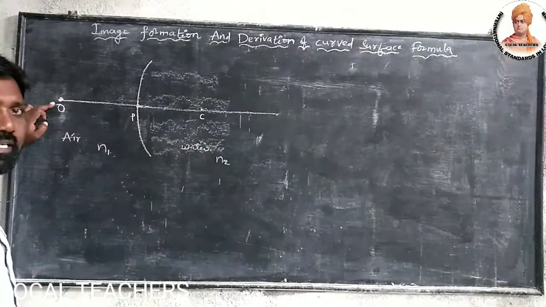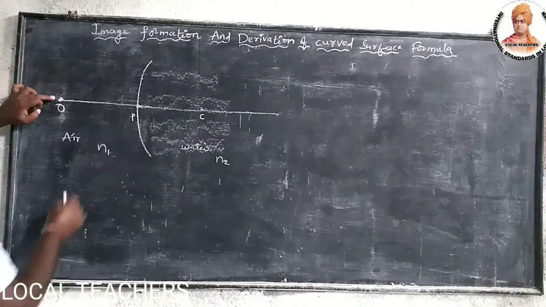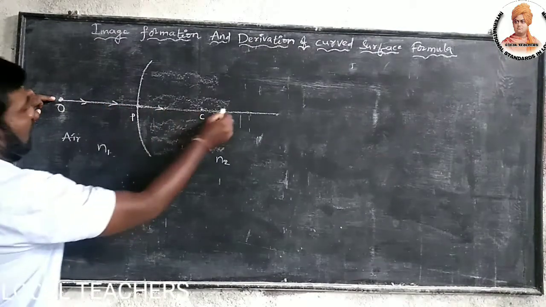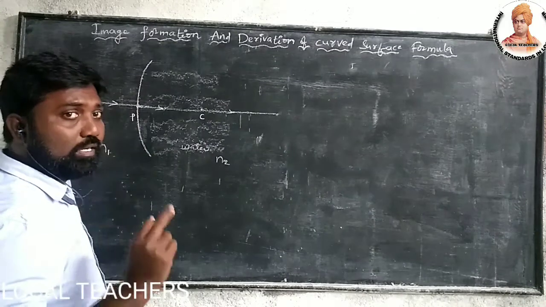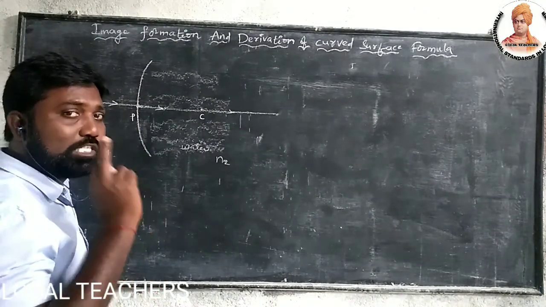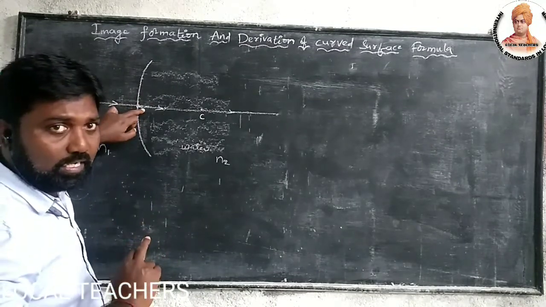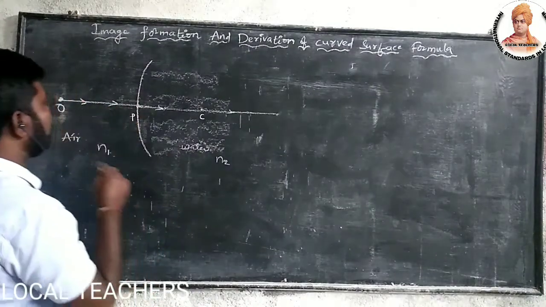From this object, I am considering two incident rays. The first incident ray follows along the principal axis. We know that the incident ray which follows along the principal axis does not deviate when entering from one medium to another medium.